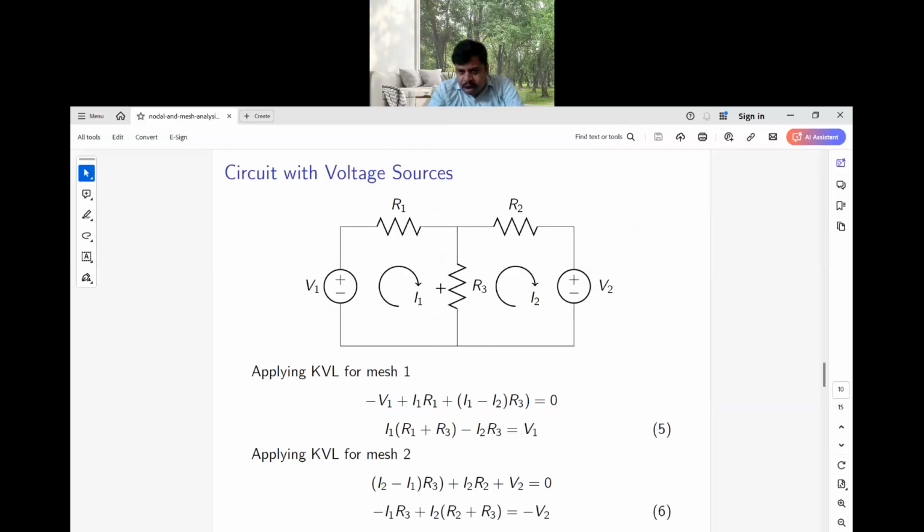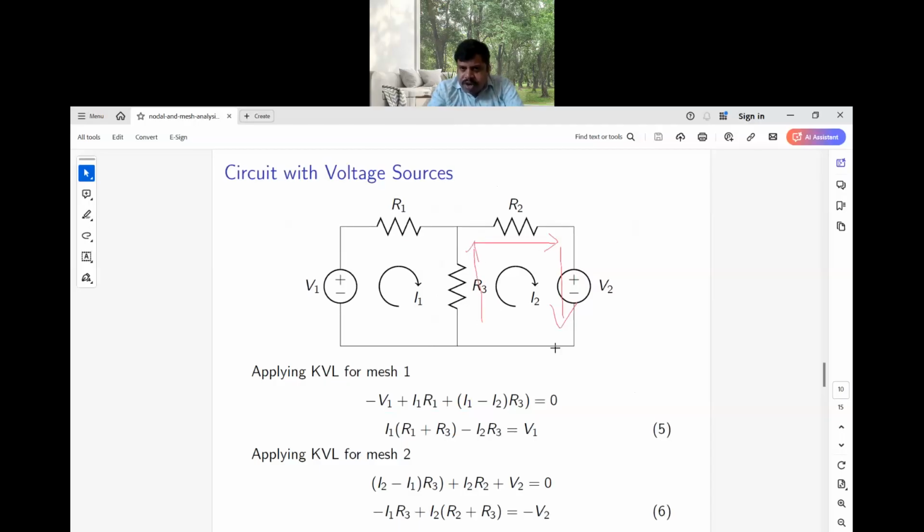Similarly, if we apply mesh analysis for the second loop, the loop current is entering through the positive terminal of the voltage source. So then we can take it as a plus. The voltage drops we can take: voltage drop across R2, voltage drop across R3.